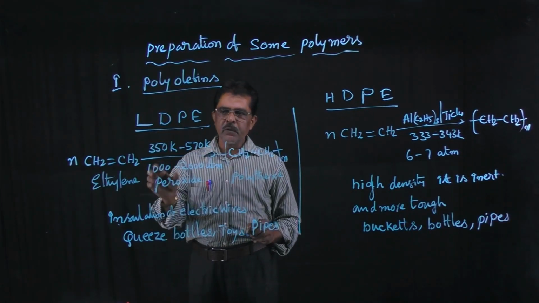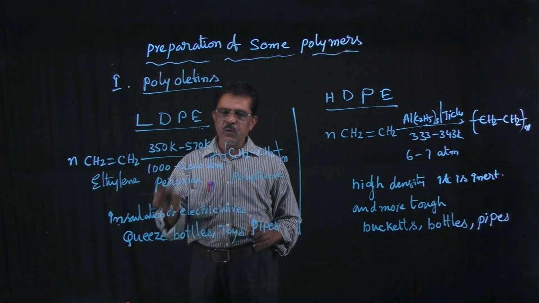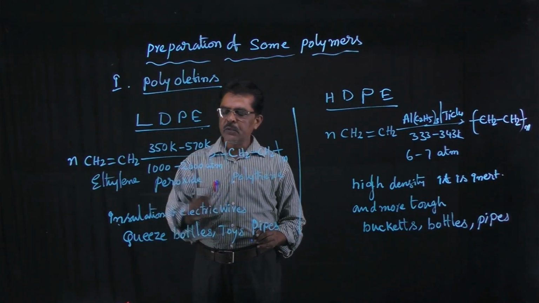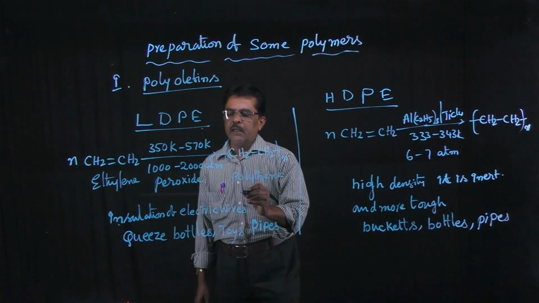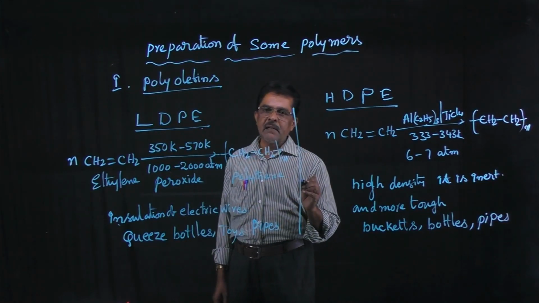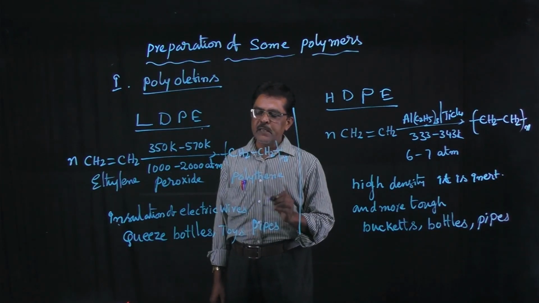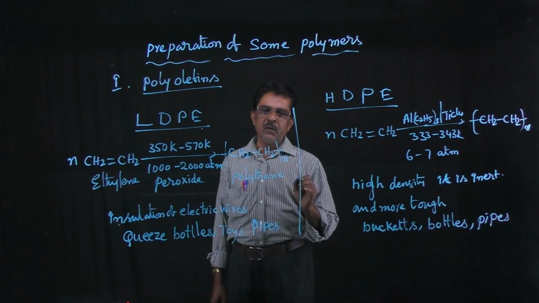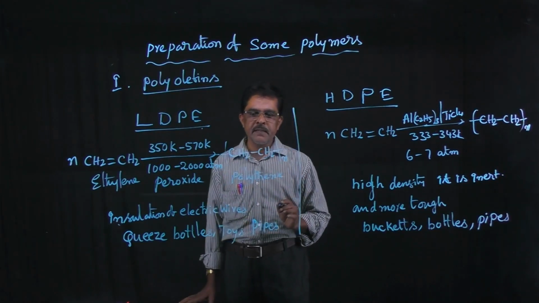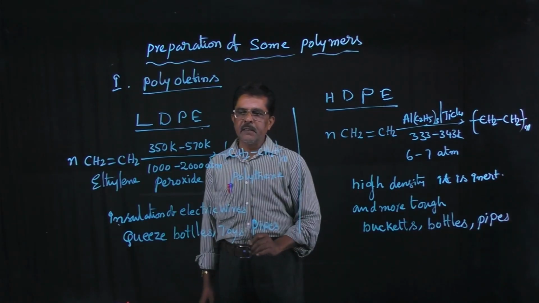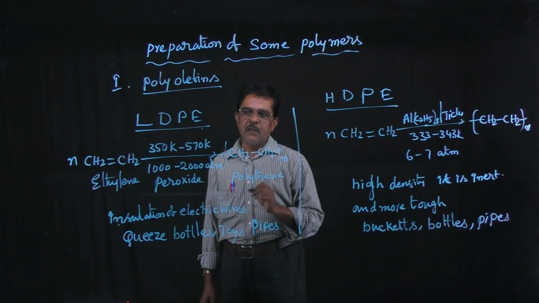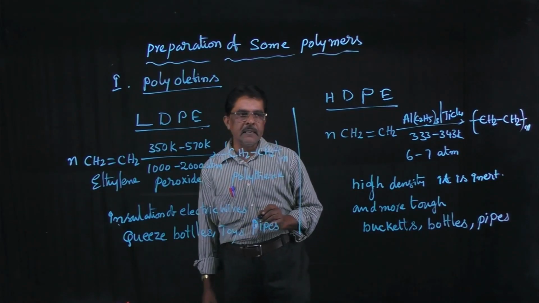This low density polythene is used as insulation of electrical wires, squeeze bottles and toys and pipes, right? Understand, this is the very important preparation of low density polyethylene.